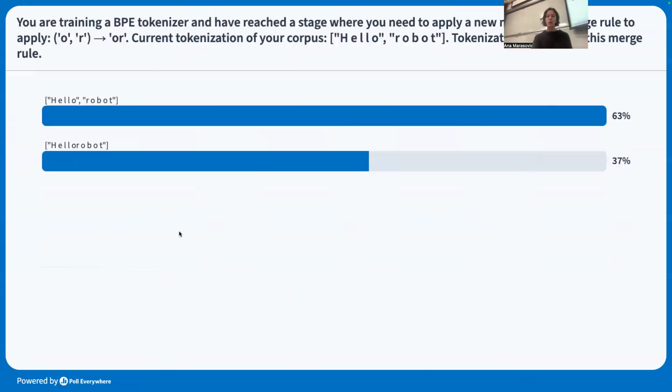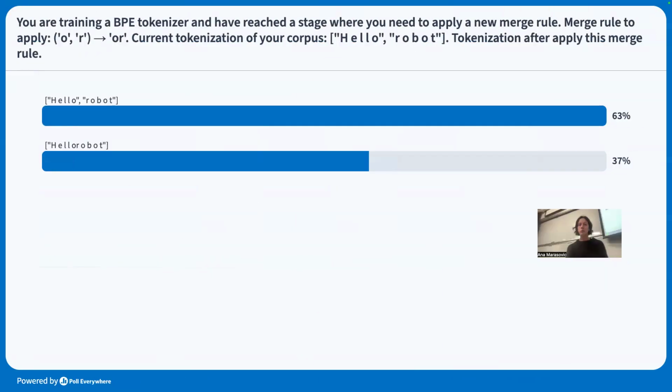Okay, now the next question was, we are training a BPE and we are at a merge operation where we need to merge occurrences of O and R. And the question was, if we do that iteration of BPE, what the output is going to be. Again, the more often chosen option here is the correct one.